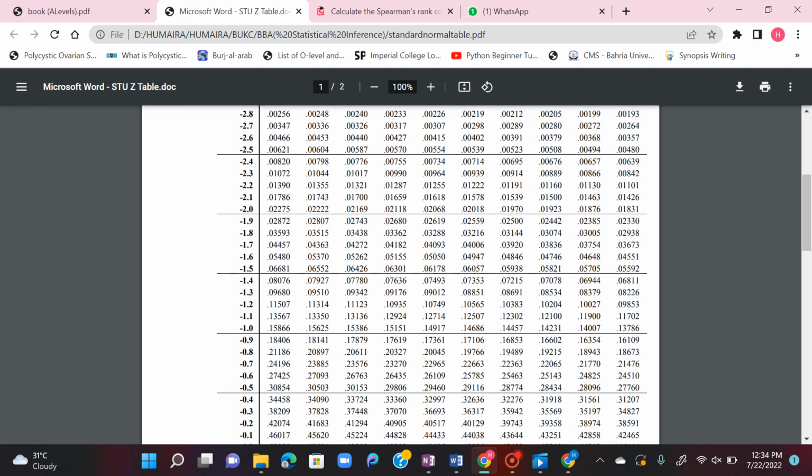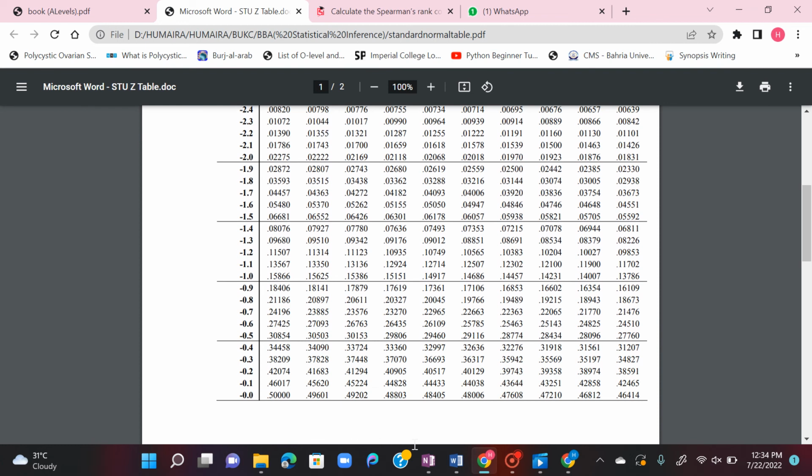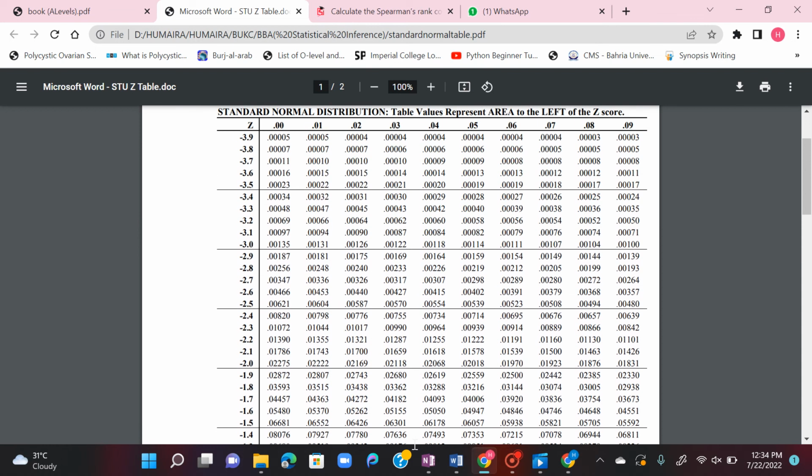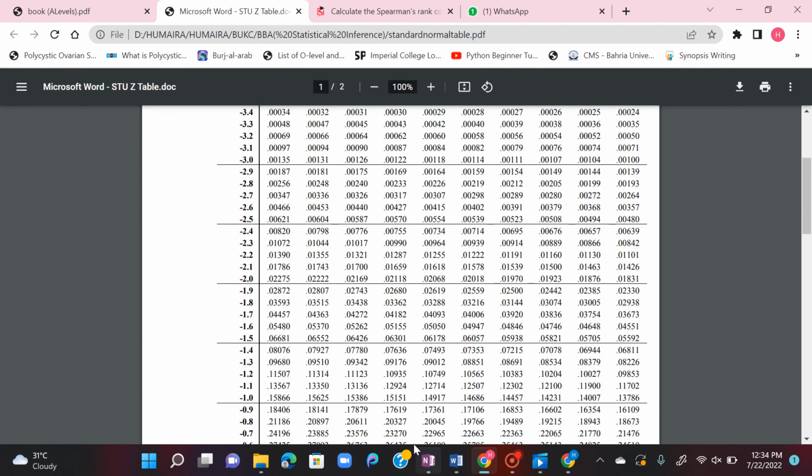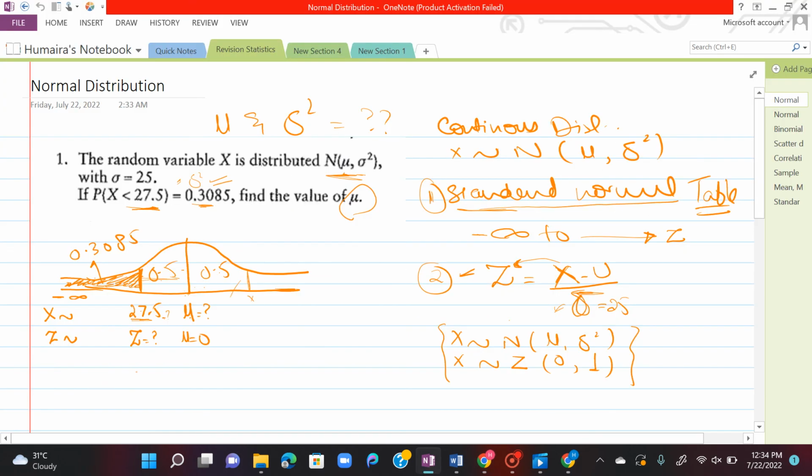Coming down 0.2, 0.3, 0.3085, 0.30854. So I think this is a perfect value. For z of minus 0.5, and this first column is 0, so minus 0.50. So I got the value that is minus 0.50.